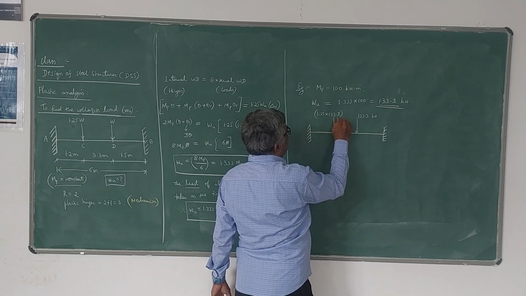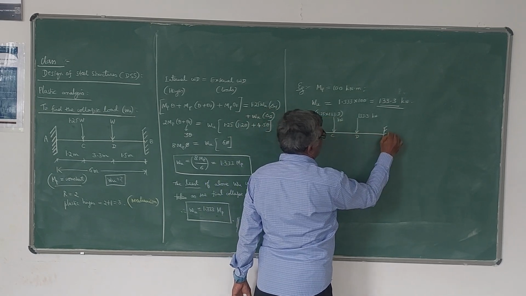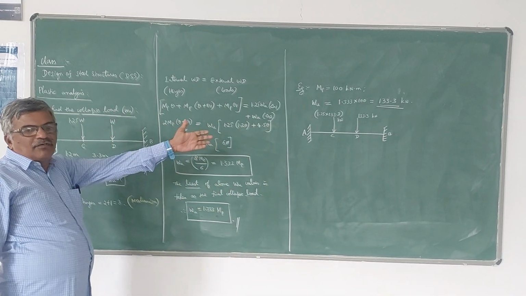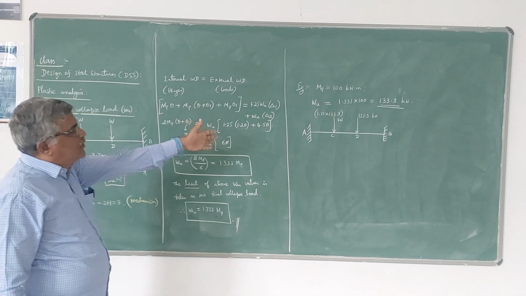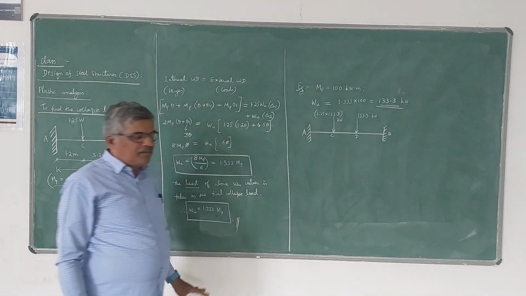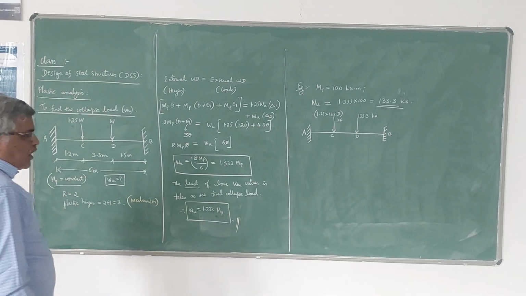So this is A, C, D, and the corresponding distances are there. So this is the point of collapse. So this is how we can find the value of collapse load.